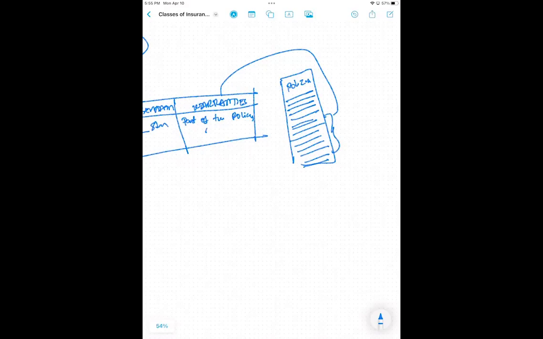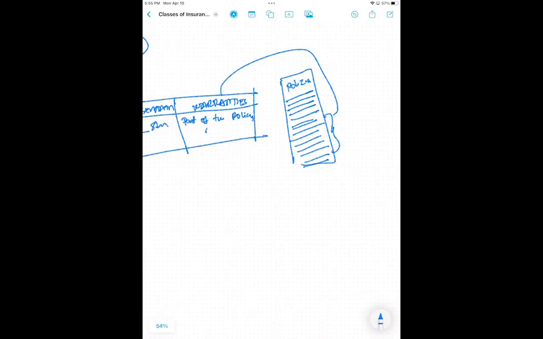The promise of the insured not to take alcoholic beverages, the promise of the insured to undergo yearly medical examination.